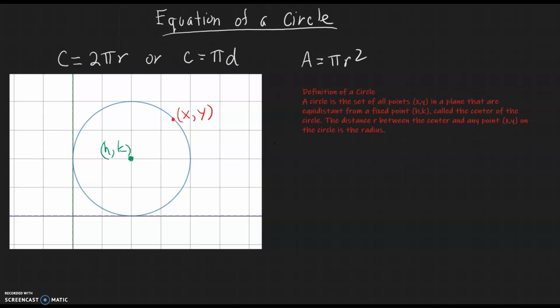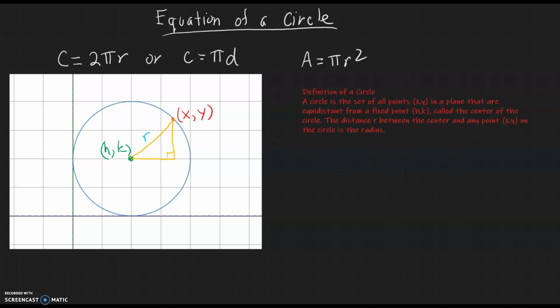In other words, to get to that point x, y from the center, I go so many units to the right and so many units up. And of course, this would make a right angle, and then we have what we call a reference right triangle. And of course, the radius is the hypotenuse of the triangle.